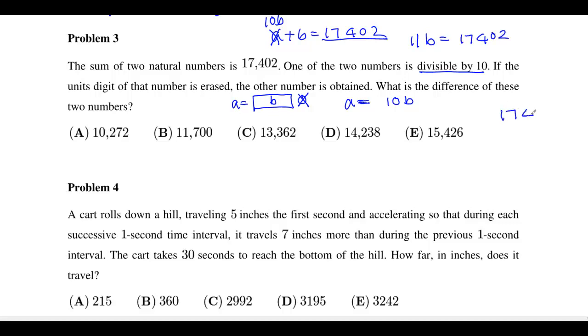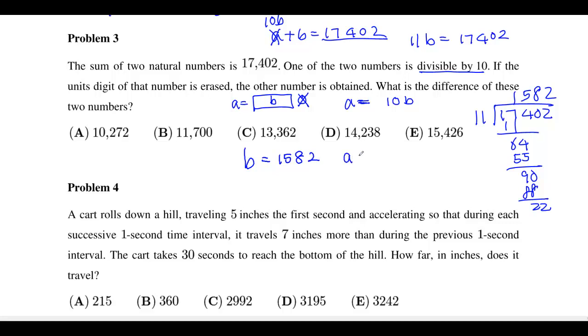The value of B is 17,402 divided by 11, which is 1582. What about A? 10 times this, 1582 with one more 0.